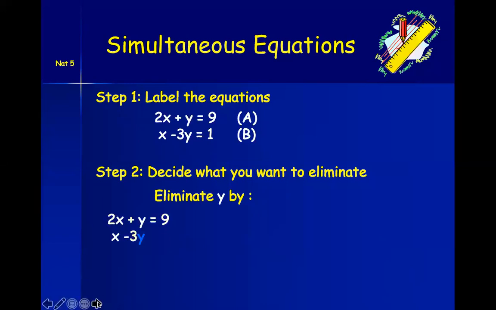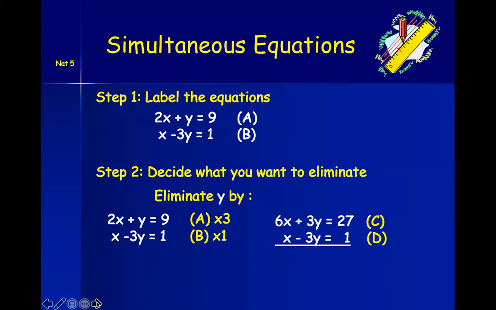you could say to yourself, if I times both sides of my equation, remember you can do the same thing on the left side of the equation or the right side, yeah? So if I times both sides by 3, what do I get? I get 6x plus 3y equal 27.